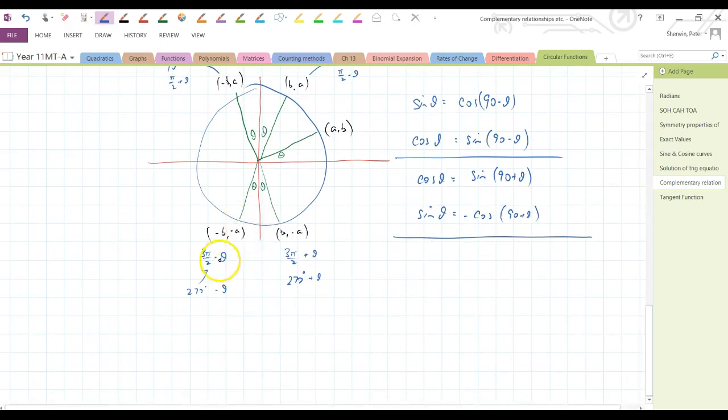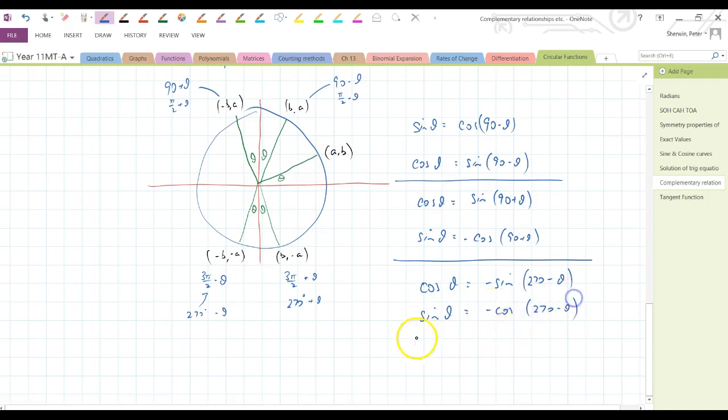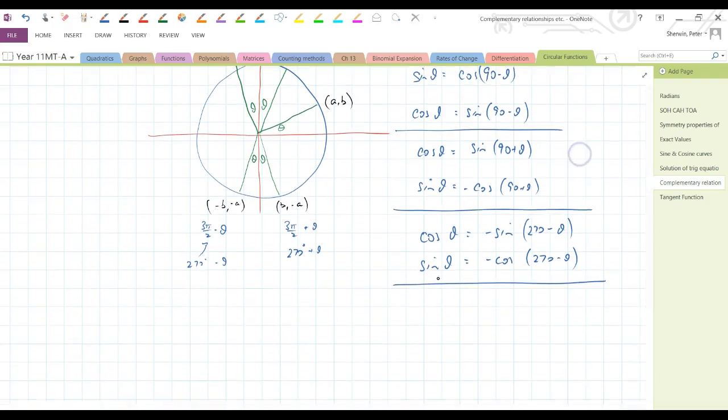Take it down here to the 270 minus. What happens? Cos of theta, A, goes to minus sine of 270 minus theta. And sine theta, which is B, goes to minus cos of 270 minus theta. Brilliant, isn't it?